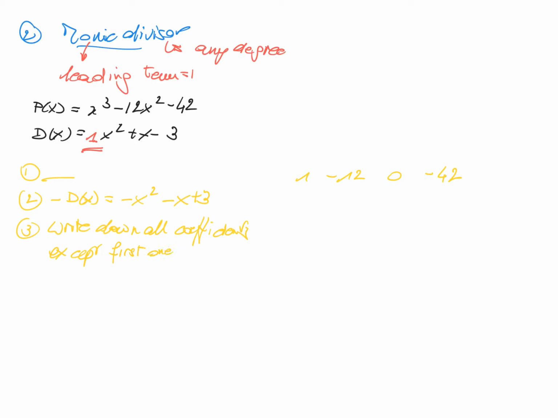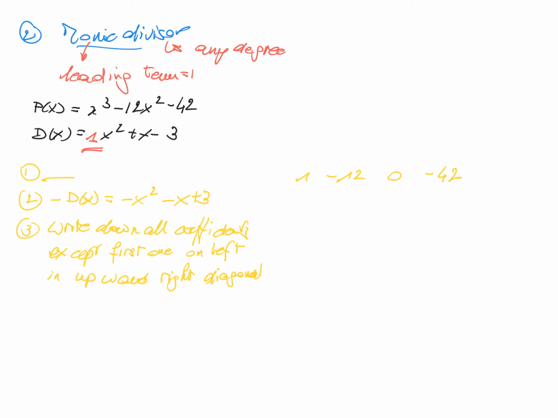We write them on the left, but we now write them in an upward right diagonal. So if we drop the first one, the minus x squared, the coefficients are minus 1 and 3.